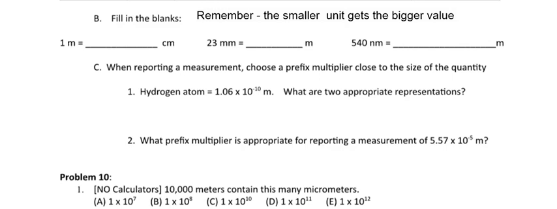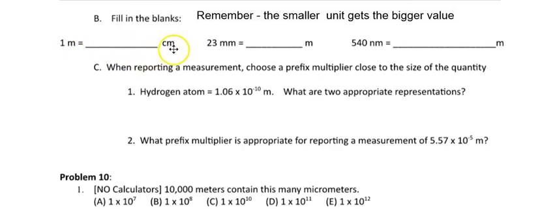I left off right where we filled in the blanks. We looked at how to convert between meters and centimeters, millimeters and meters, and nanometers and meters. And what is the main thing here? Remember, the smaller unit gets the bigger value, and vice versa. The bigger unit will get the smaller value. So for our answers here, meter is a bigger unit, so the one's going to be a smaller number.